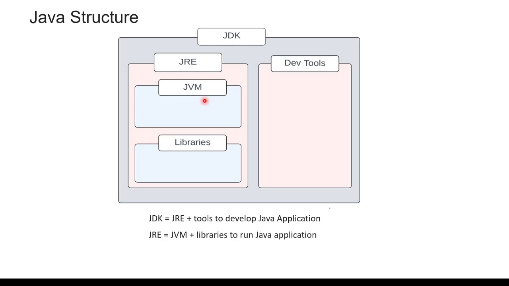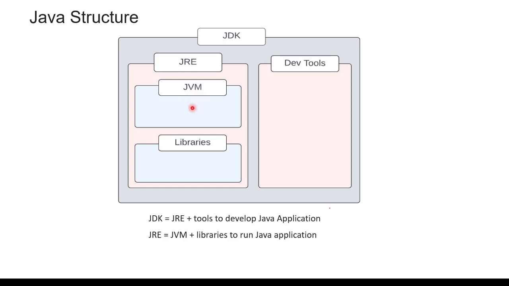On a high level, JRE is a software package which bundles JVM and libraries, and with the help of these libraries, JVM will run the Java program. I think JRE is clear.